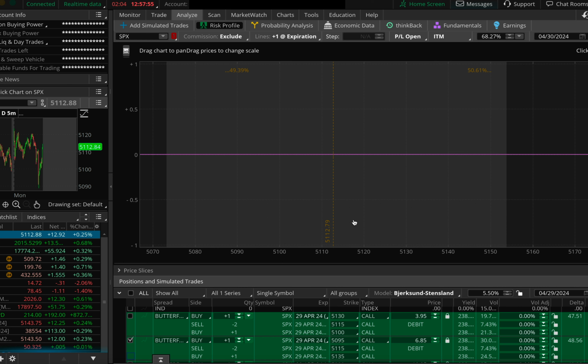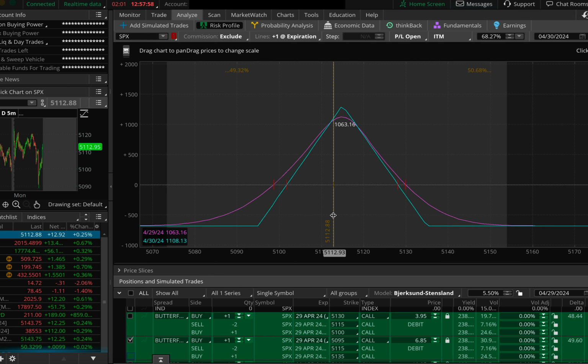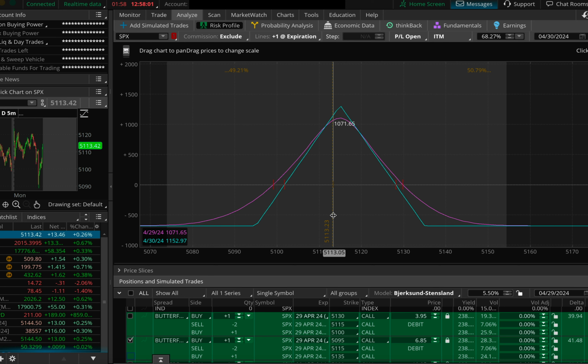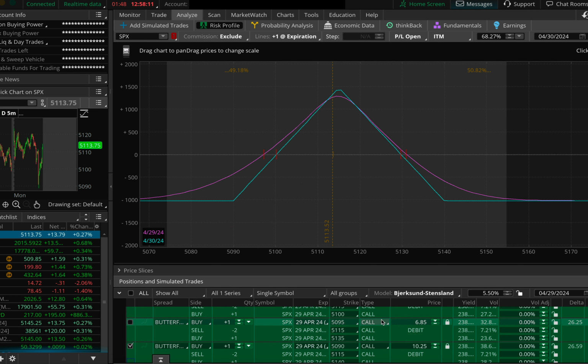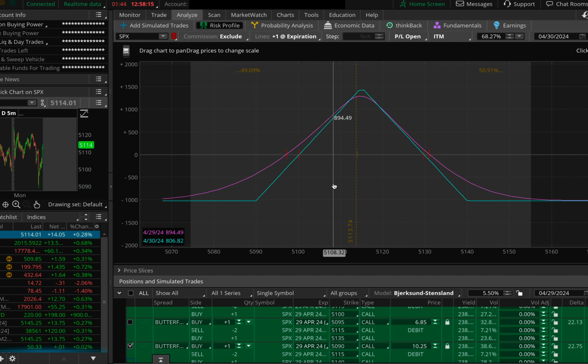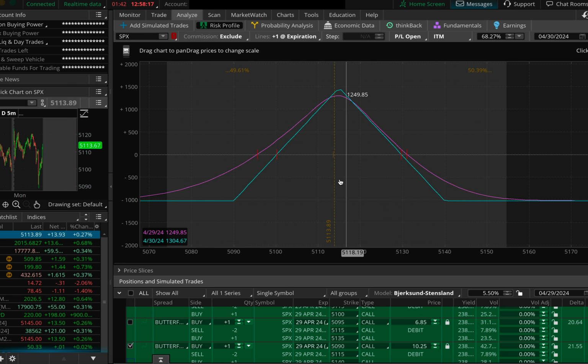The 20-point wide butterfly is right here showing $1,000 profit, $1,070. Getting close to that pin. And then the 25-point wide, let's take a look at that sucker. So here's the 25-point wide, and we'll just watch this going into the settlement. So look at that. That's crazy.